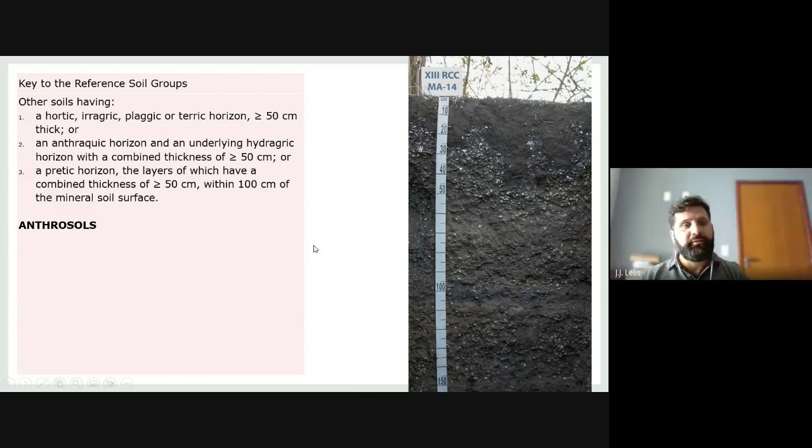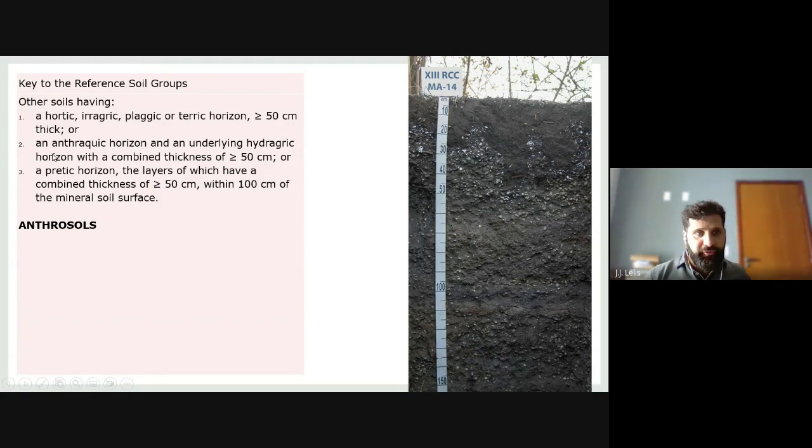So okay, if it follows all the criteria, I can classify the soil. So if I find one of these four horizons with at least 15 centimeters, 50 centimeters, I'm sorry, it is an anthrosol.